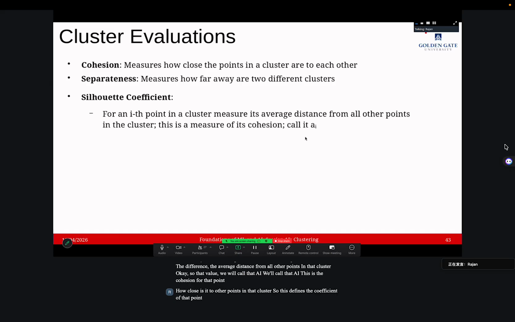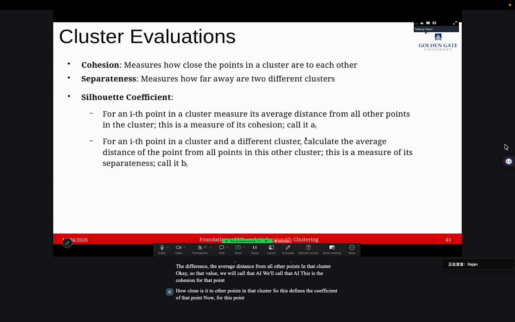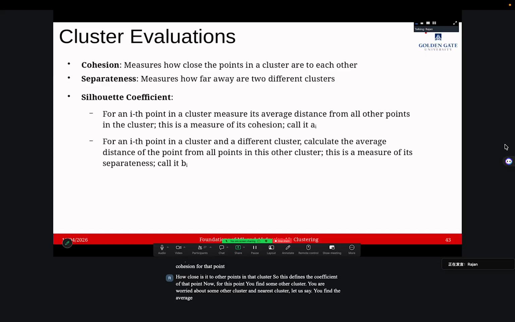Now, for this point, you find some other cluster, a nearest cluster, let us say. You find the average distance of this point from all the points in the other cluster. This value tells you how separated it is from the other cluster.